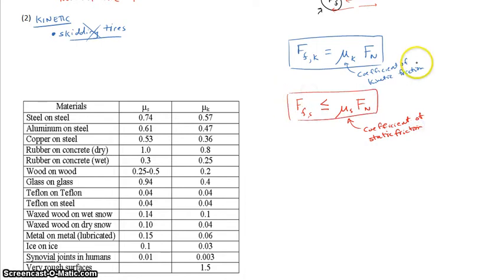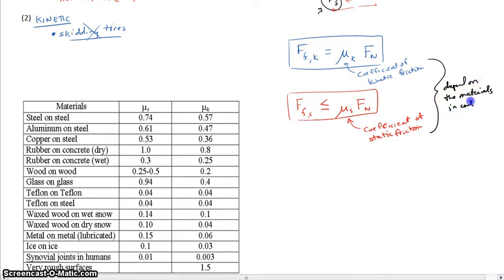So these two coefficients are pretty important, and in fact it turns out that what these numbers depend upon are the two materials in contact. So what you would need to do typically is look this up.